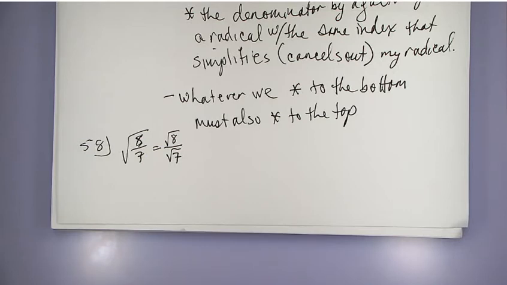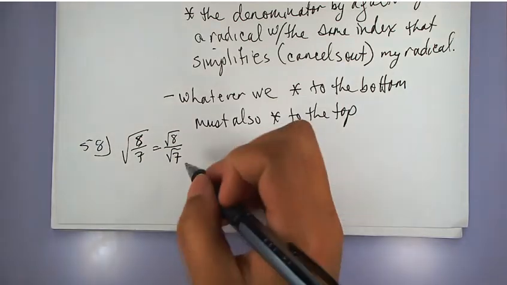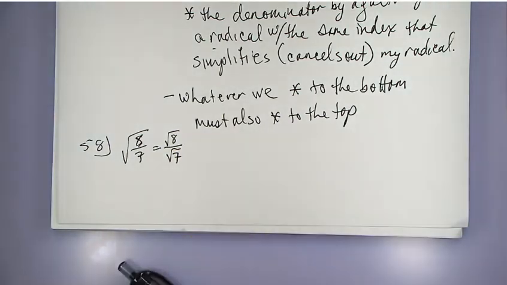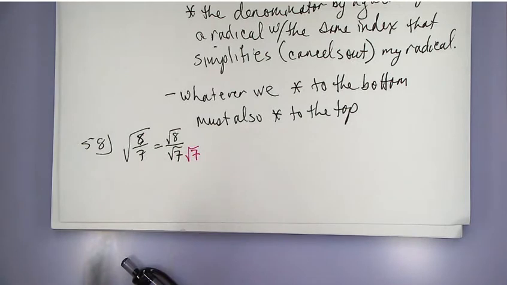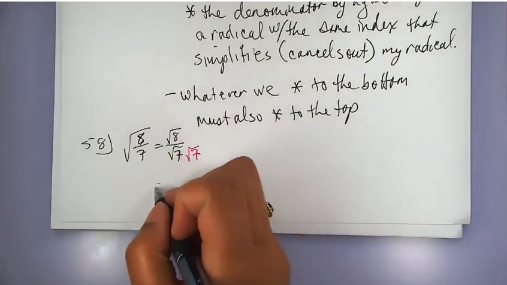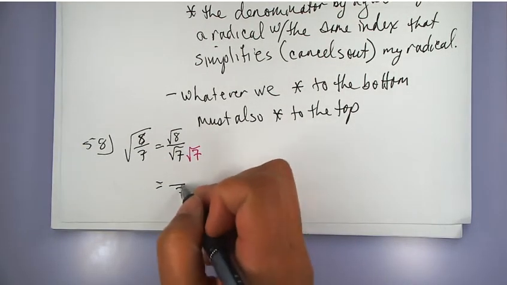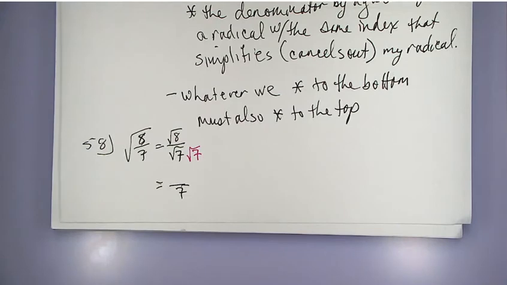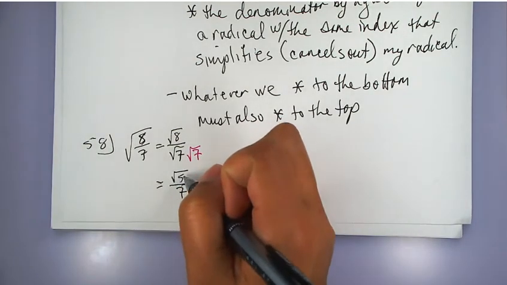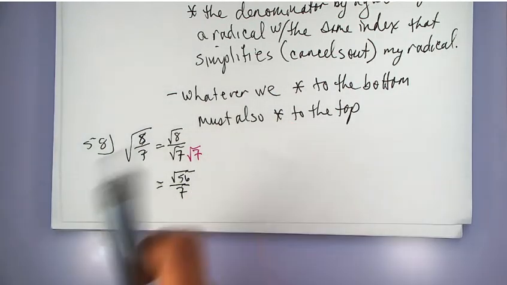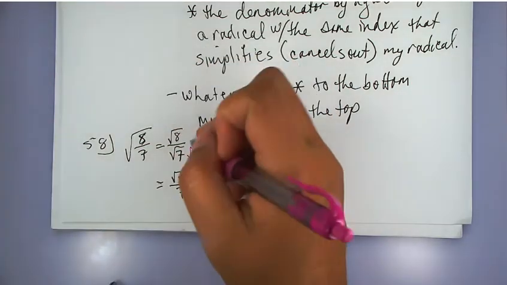Then I'm going to simplify my 56. Well, 56 is, let's see, 4 times 14. So this becomes 2 square root of 14 over 7. Now that 7 cannot divide into the square root. You cannot say 7 square root of 14 over 7 is equal to square root of 2.